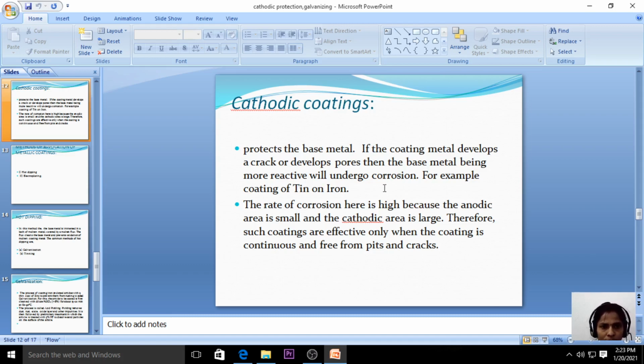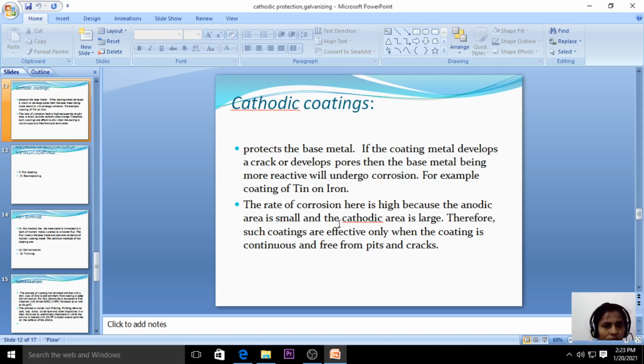Just like anodic coatings, in cathodic coatings also, if the coating metal has any cracks or pores, a galvanic cell develops. Now both metals are exposed to the environment, but here the base metal acts as the anode. The exposed top metal, being the less active metal, does not undergo corrosion, but the base metal undergoes corrosion if the coating has pores or cracks.